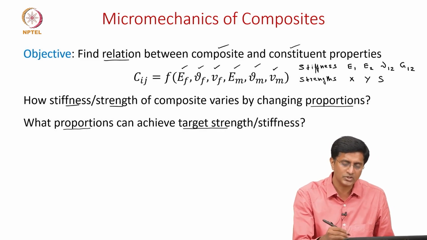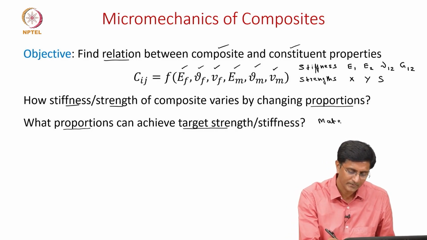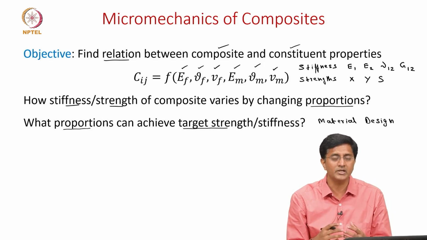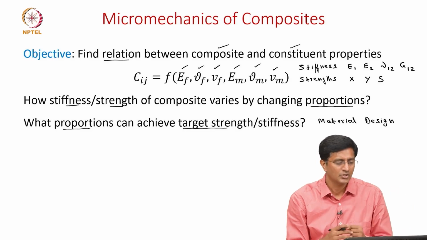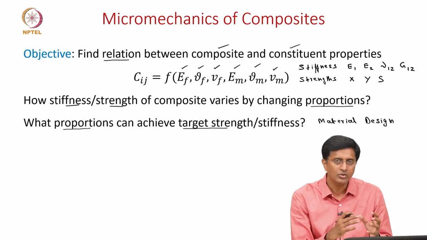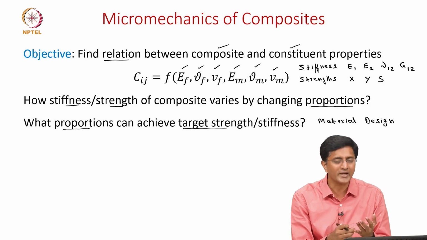The moment we see this, it becomes a question about material design, because now we are designing a material for a target value of either stiffness or strength. Let's say for a particular application I need a stiffness of 200 gigapascals. The first thing I have to do is choose the matrix material and the fiber material.